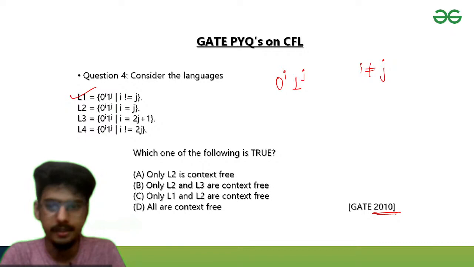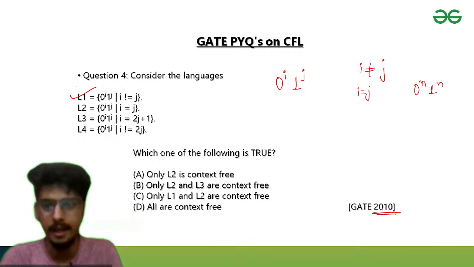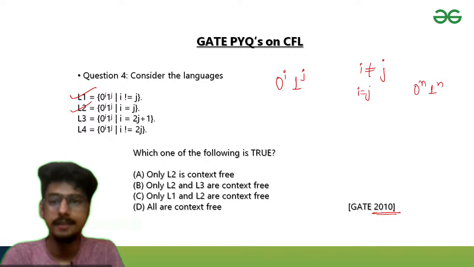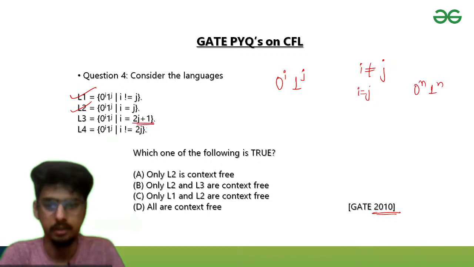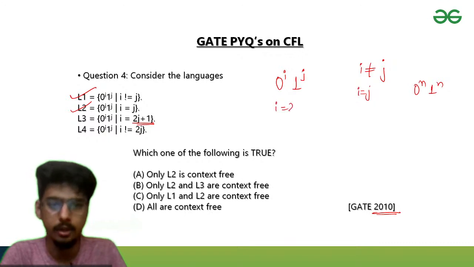And this L2, I told you, if it is i equal to j, it is of course context free. It will be of the form 0^n 1^n. So L2 will definitely be context free. Then L3. L3 is again, I told you, following some pattern. It is telling me that i is equal to 2j plus 1.